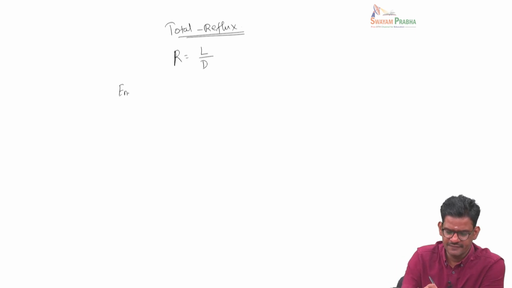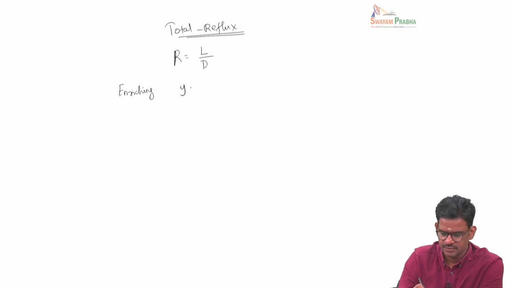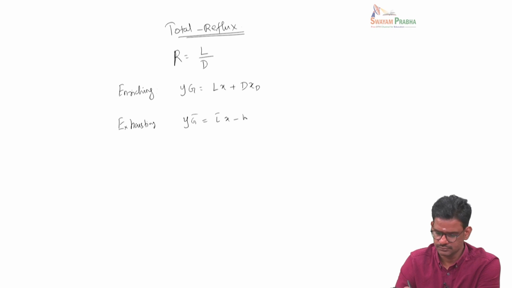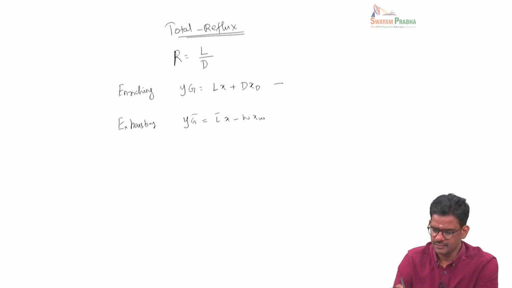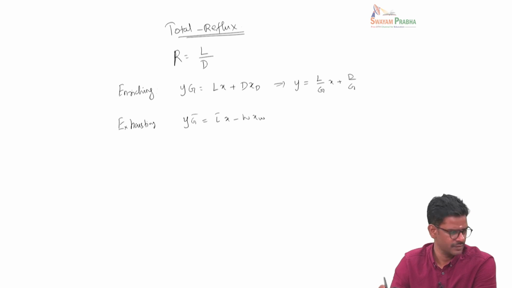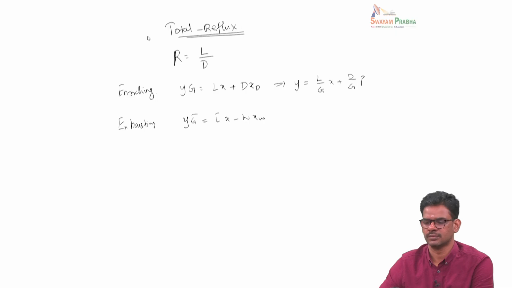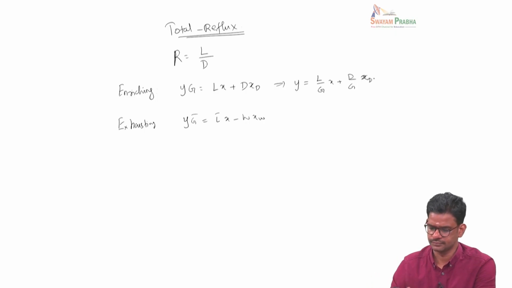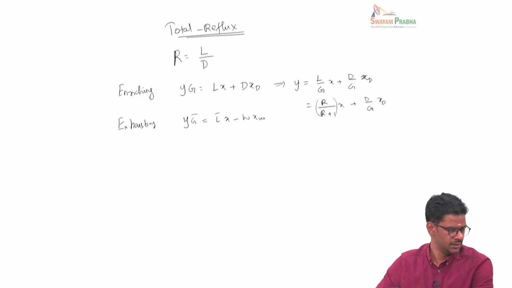For example, if I write the operating line for the enriching section, and then for the exhausting section, from here the slope of this operating line is proportional to L by G. So this is given by R by R plus 1 times X plus D by G times X_D.